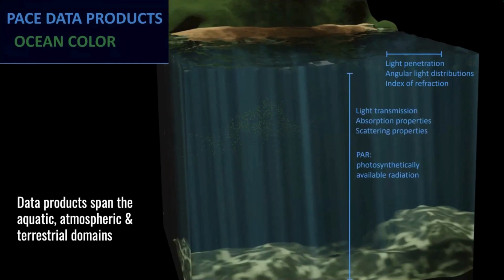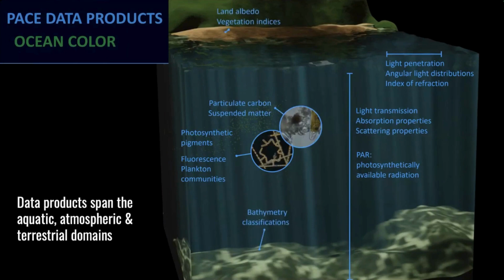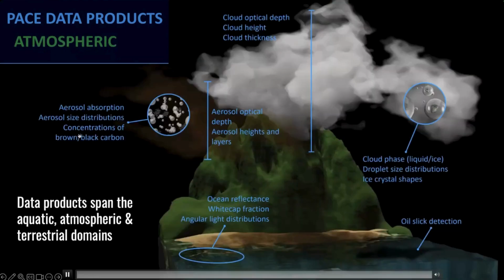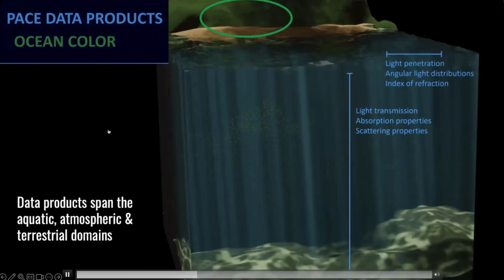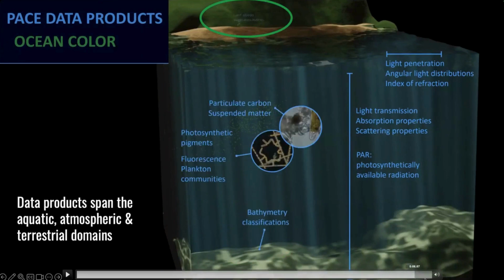And the oceanic contribution to the satellite signal provides data products that are descriptors of the underwater light field, as well as in-water constituents such as phytoplankton, dissolved organic matter, and sediments. And of course, not to be forgotten, there are land products, which are circled at the end. OCI will be providing hyperspectral-based land products as well.